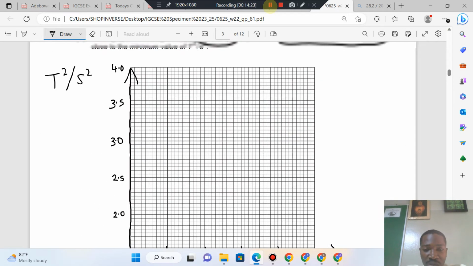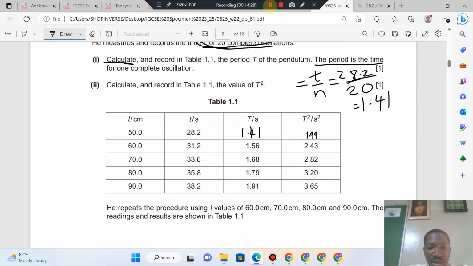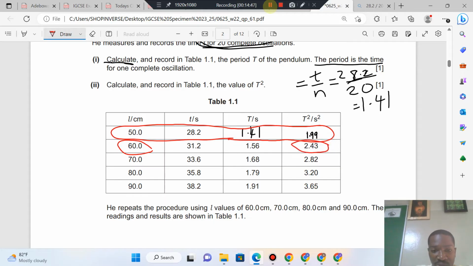Now you start picking your values on the graph, okay? When the length was 50 centimeters, period was 1.99, which is the first line. So you keep picking them. These are the only two values you need on each line, the first one and the last one.